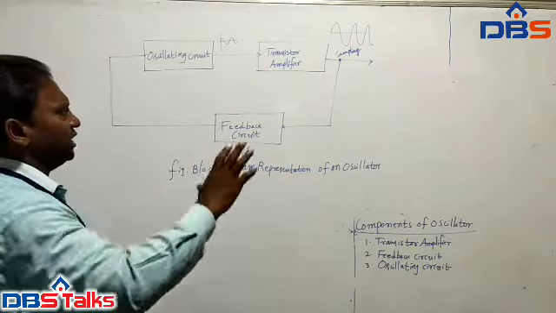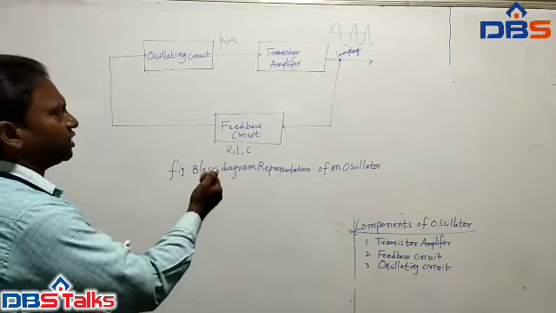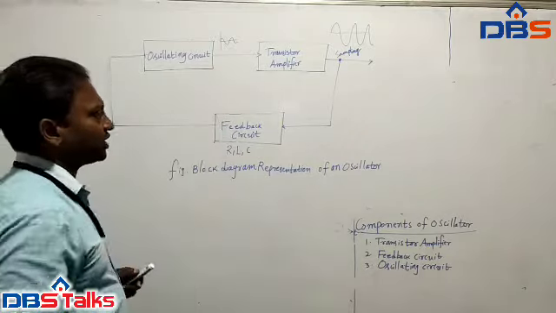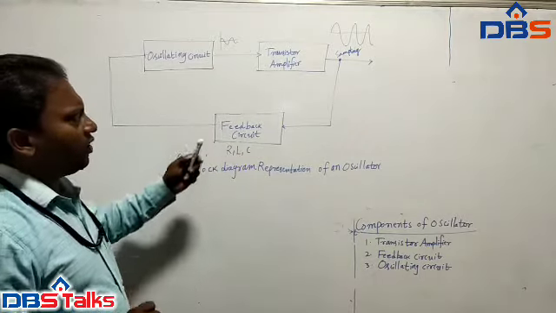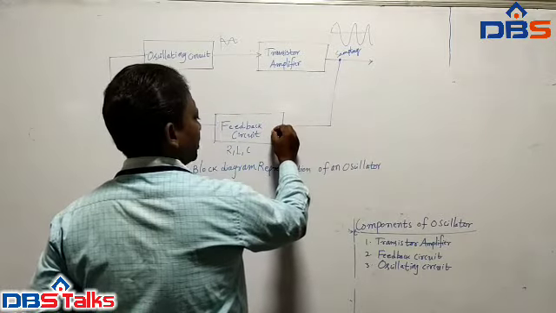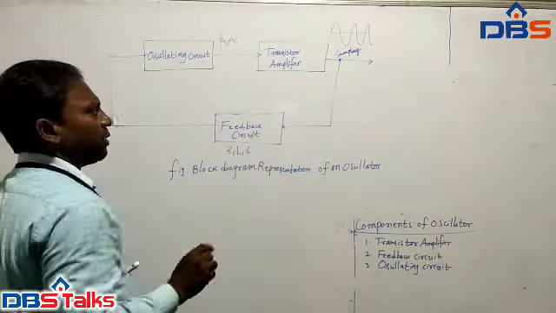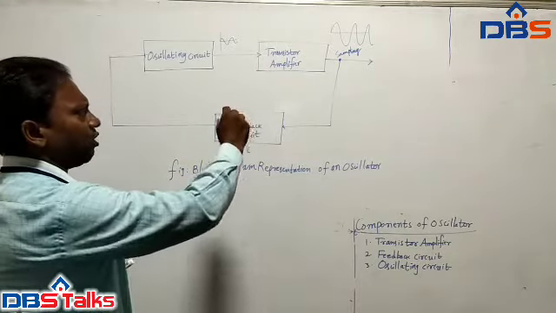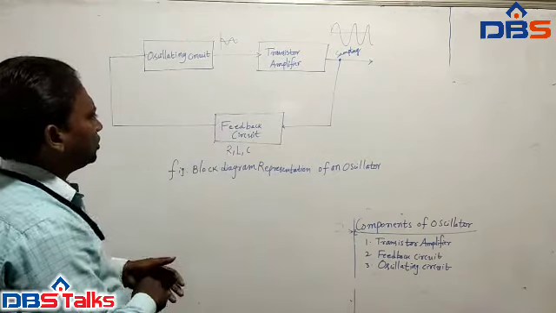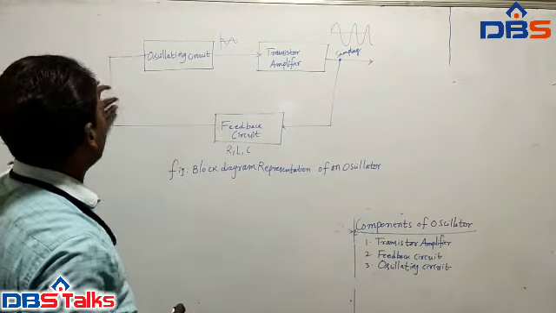So it is a general idea. The transistor amplifier amplifies whichever input signal comes to it, and then we take part of the output and give it to the feedback circuit, which operates on the sampled signal and modifies it.